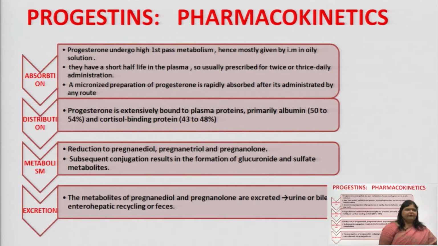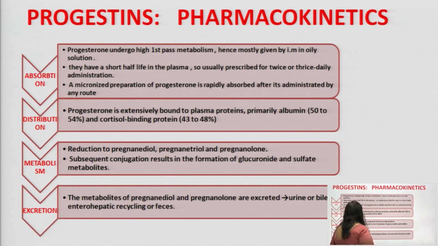Now, coming to the pharmacokinetics, that is the absorption, distribution, metabolism and excretion of the progestins. Again, we saw that the natural one, that is progesterone, undergoes very high first pass metabolism. So it cannot be given by oral route, it is given by intramuscular route as an oily solution.